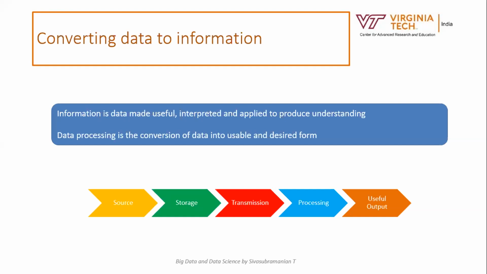So what is the sequence? What is the pattern in which it happens? You first have the source of data, and then you collect the data from various sources, and then you store the data temporarily, and then you transmit the data to the place where it needs to be processed. And after it gets processed, you'll get useful output.